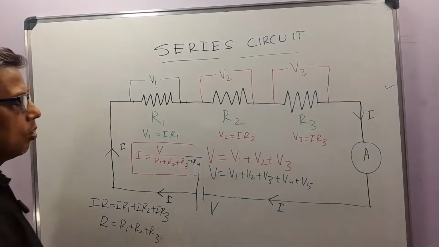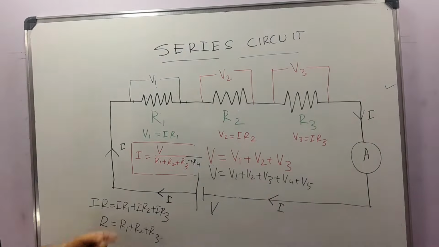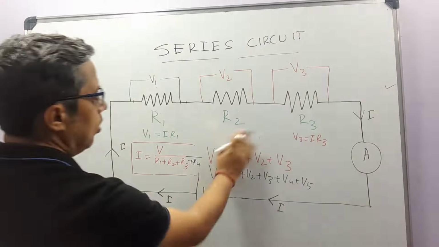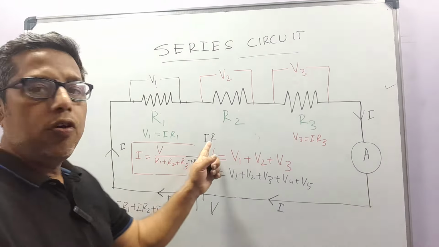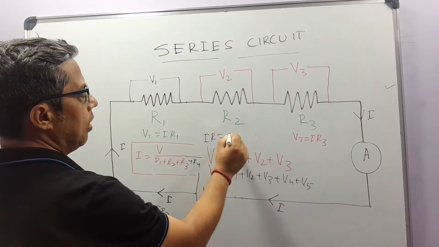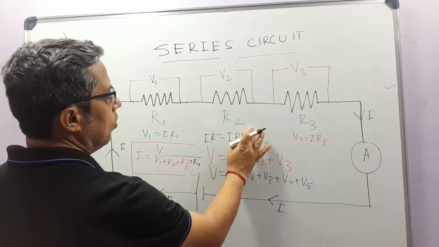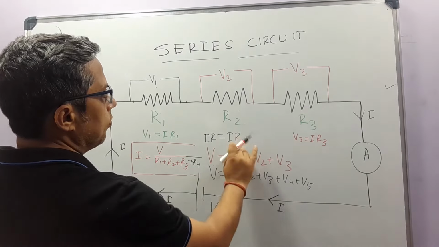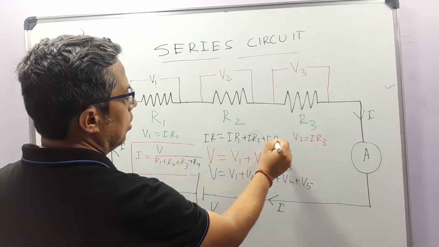How does it come? The voltage drop: V is equal to V1 plus V2 plus V3. Here V is equal to I, the main current, times R, the equivalent resistance in the circuit. So V1 is equal to I R1, V2 is equal to I R2, so I R1 plus I R2 plus I R3.